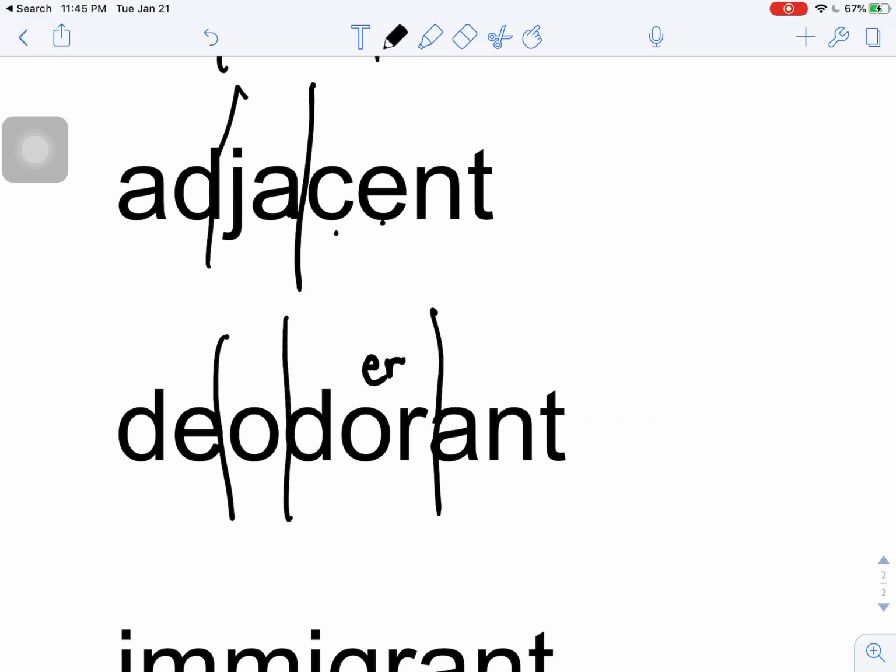So if I'm teaching someone to spell this, I would overemphasize the or, and we would think to spell deodorant. And if you say it like that, you'll remember that it's an OR, deodorant.